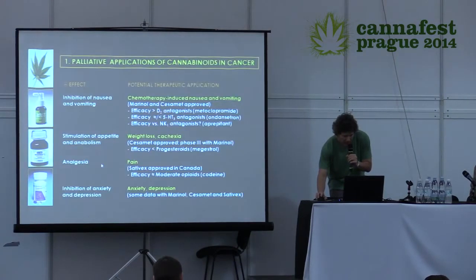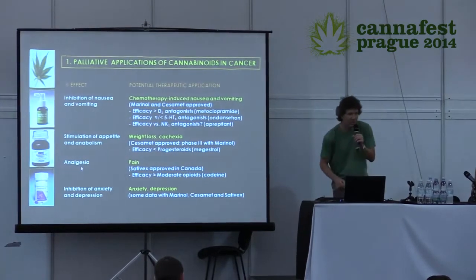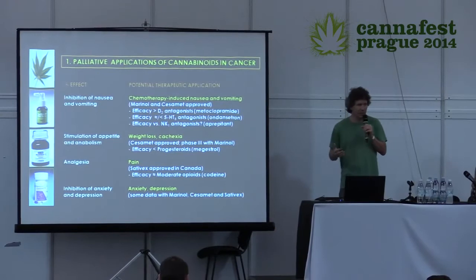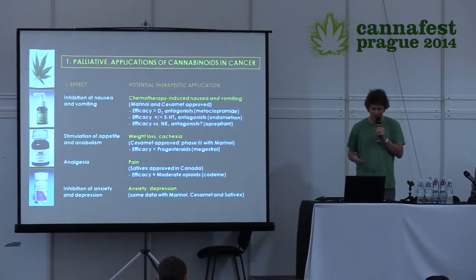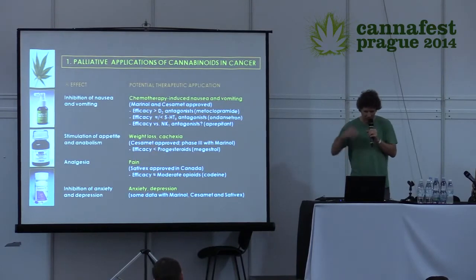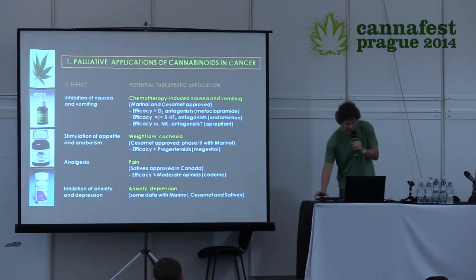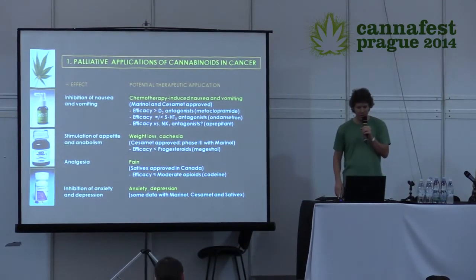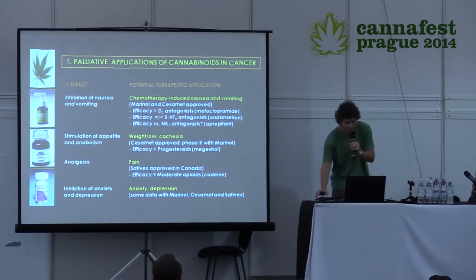The third one is analgesia, that is decreasing pain, inhibiting pain. You know very well that cannabis is analgesic. It's one of the most effective and widely used analgesics, or at least long-used analgesics, which was maybe one of the first uses of cannabis in all Eastern societies some 50 centuries ago.